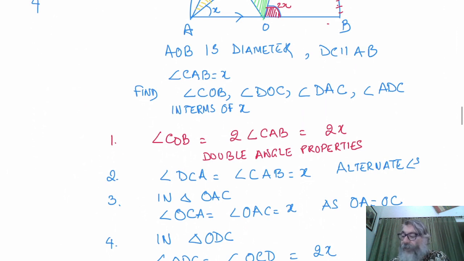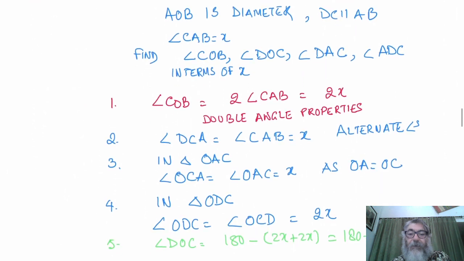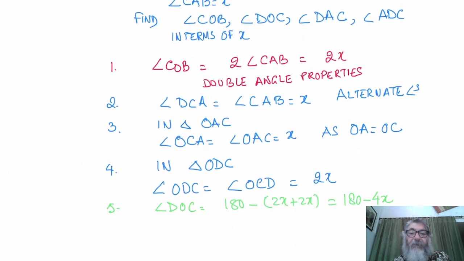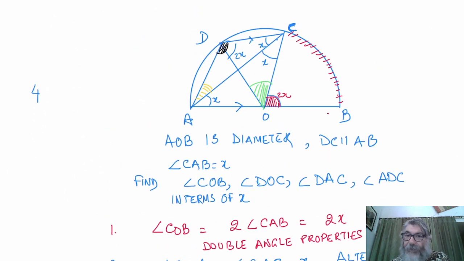Sum of the angles of a triangle is 180 degrees. So DOC will be 180 minus 4x. OCD is 2x, ODC is 2x, so 2x plus 2x is 4x. If it is subtracted from 180, we will get the third angle, the green angle, which is 180 minus 4x. Is that clear?